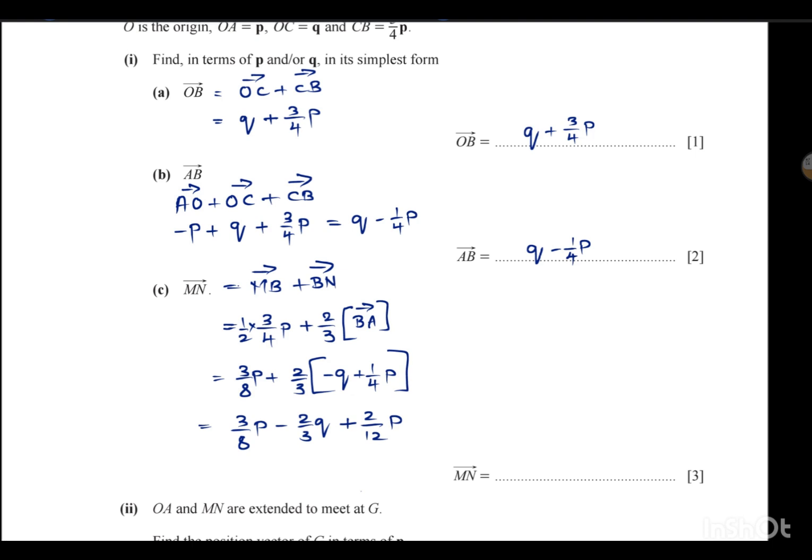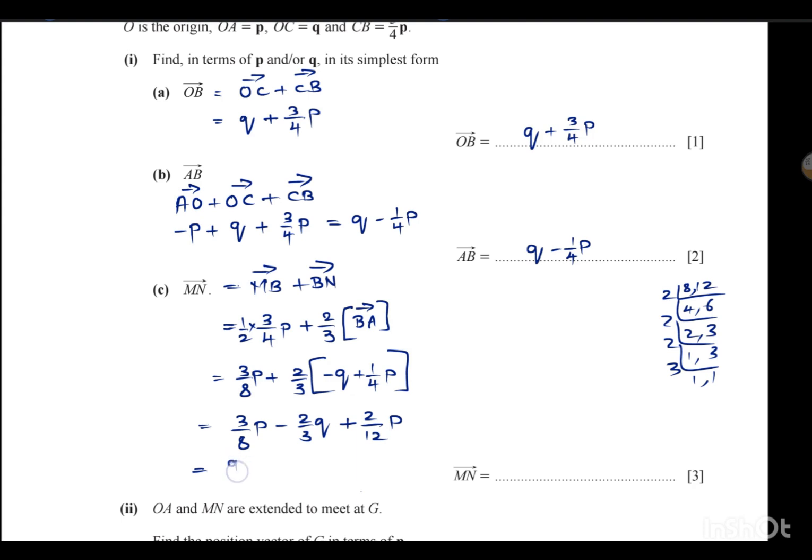Now P and P are like terms, so let us put them together. Find the LCM of 8 and 12: 8, 12; 2 4s are 8, 2 6s are 12; 2 2s, 2 3s, 2 1s, 3 remains; so 3, 1 and 1. So 24 is the LCM. So 8 times 3 is 24, so the numerator of this should be multiplied by 3, and 12 times 2 is 24, so this should be multiplied by 2.